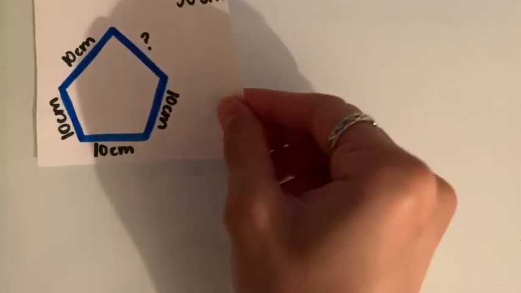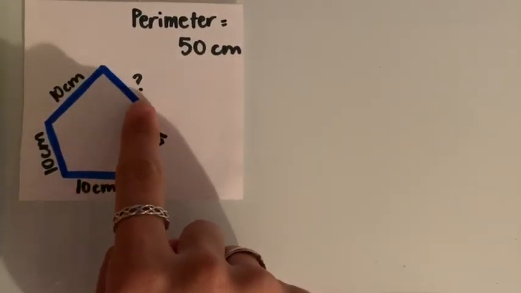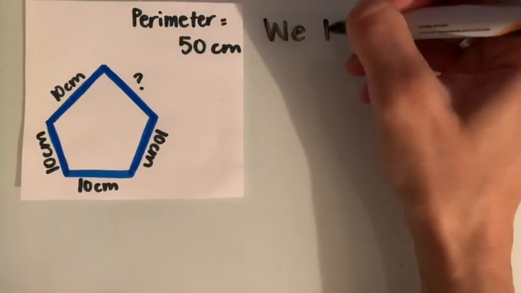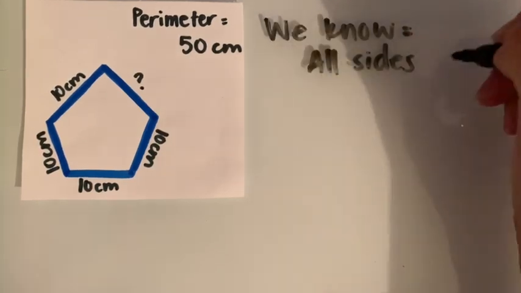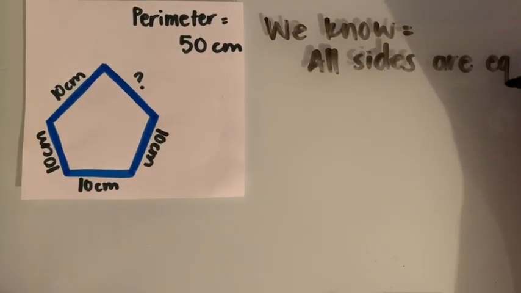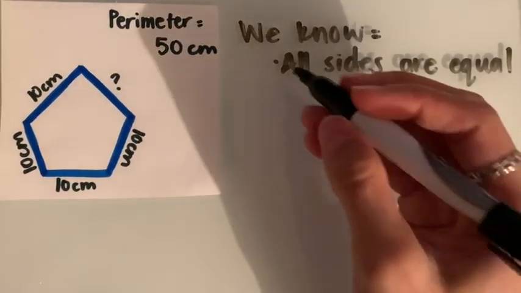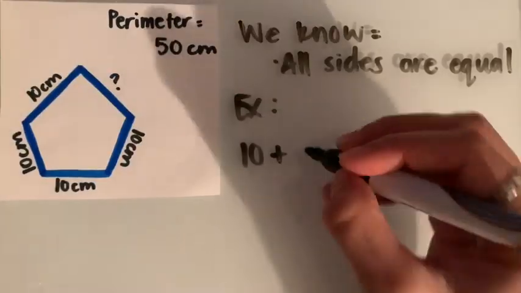On our second example, we see that the perimeter is given, and the perimeter says it's 50 centimeters. Then we see that each side says 10 centimeters, and there's that one side that we still don't know. So what we know already is that all sides are equal. Therefore, that missing side is going to be 10.